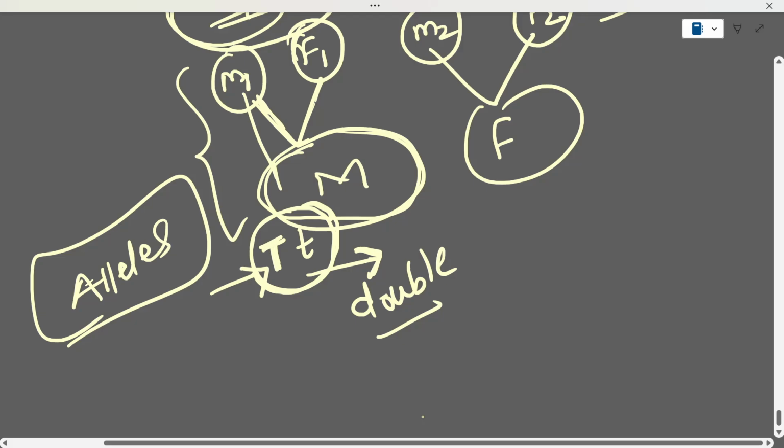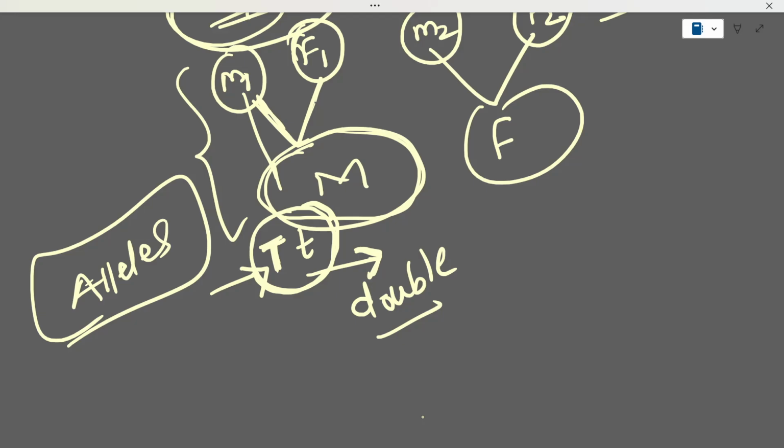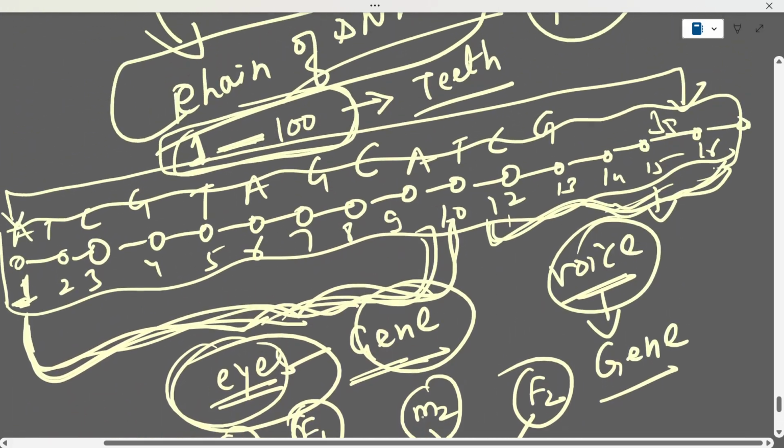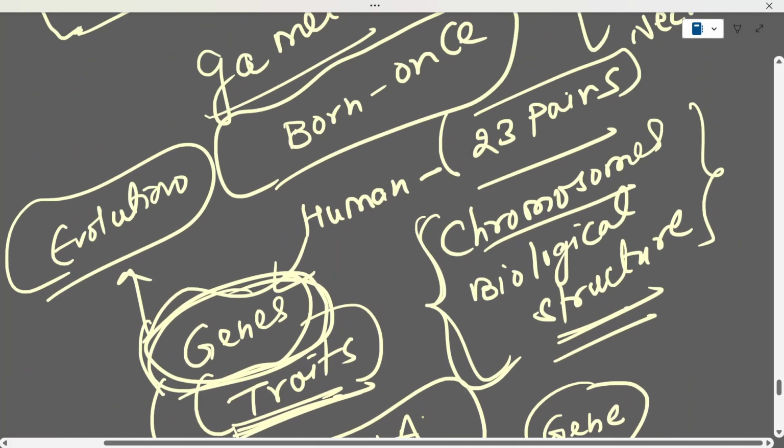So here you can see the first one, which your mother derived from her own mother, is a dominant trait. And then the other trait, which she derived from her father, is a recessive trait. And she carries the copies of both the traits. So both will exist, and this existence of both the traits together is known as alleles. But together, they are specifying one gene only. So this is the basic structure.